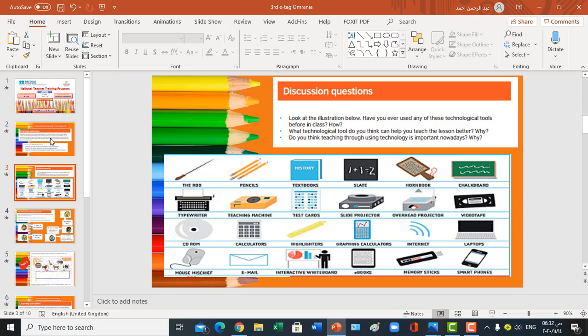After that, we had the hornbook. A hornbook is a teaching aid consisting of a leaf of paper showing the alphabet and often the 10 digits and the Lord's Prayer, mounted on a wooden tablet and protected by a thin plate of horn.